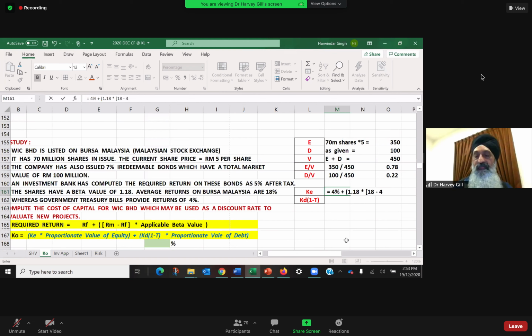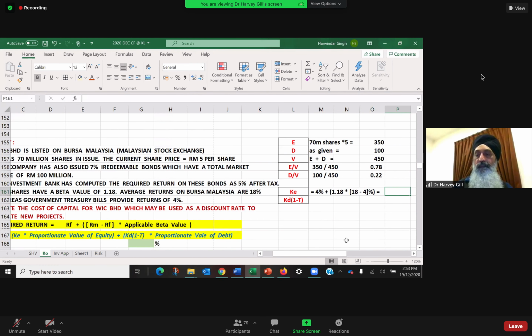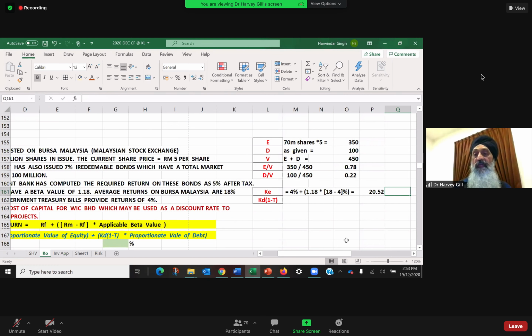So market premium is basically 14, yeah, percent, close brackets, yeah, and that would give us, let's see, equals to 4 plus 1.18 multiplied by, the premium is 14, isn't it? Yeah, 14. So that gives you 20.52% KE. Hopefully we all have the same number.